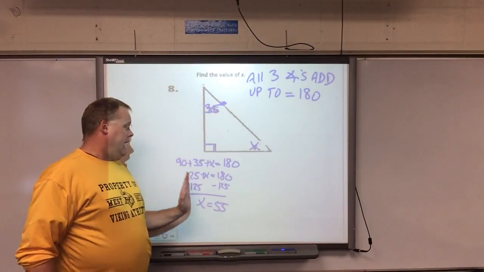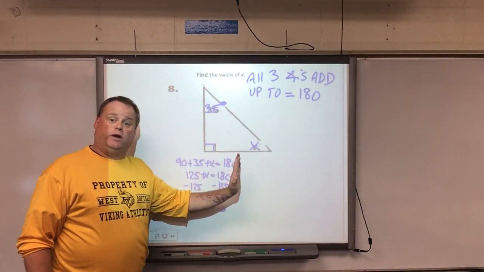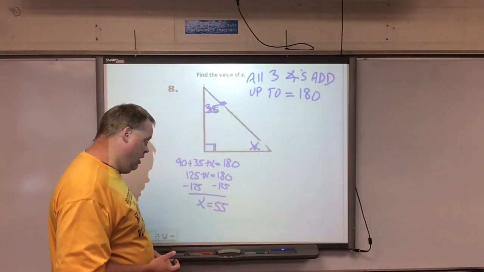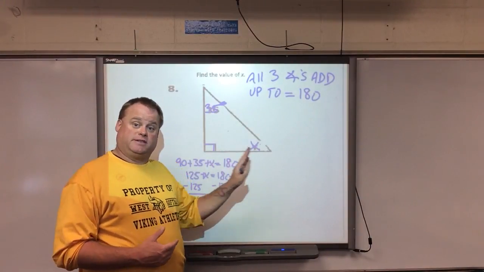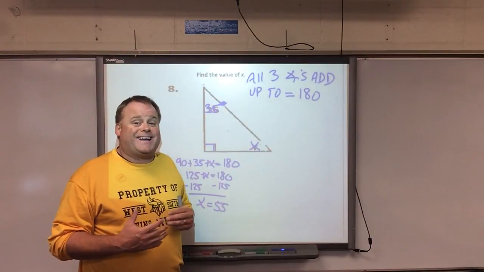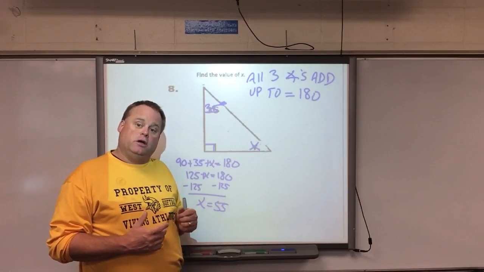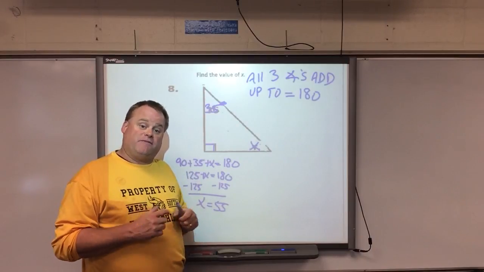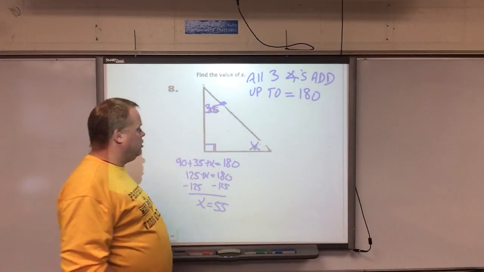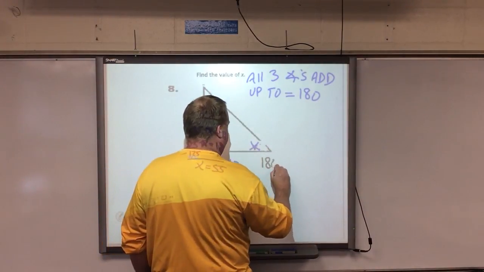That is one way. Adding them all up, setting it equal to 180. Here's another way that some of you may like better, but remember, it's not always going to work because sometimes you're going to have more than one variable or more than one X. But it works when I just have numbers. And that is, I go 180 degrees is my total, right?